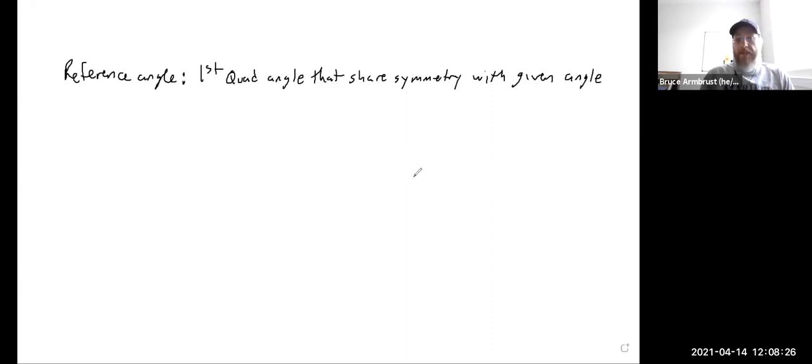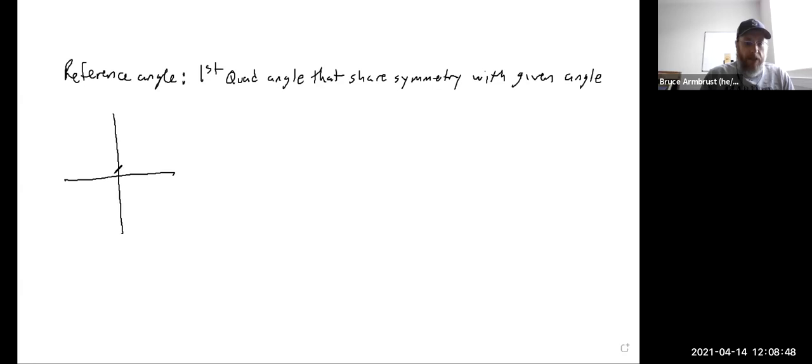So the only difference is going to be potentially pluses or minuses on the coordinates of the point on the unit circle. So let me show you, given, say, a second quadrant angle, a third quadrant angle, or a fourth quadrant angle, how you can find the reference angles.